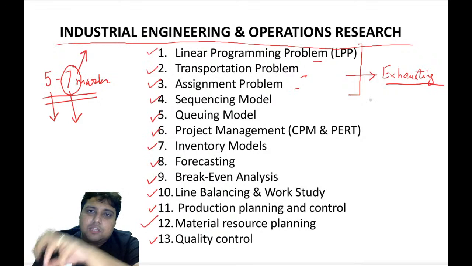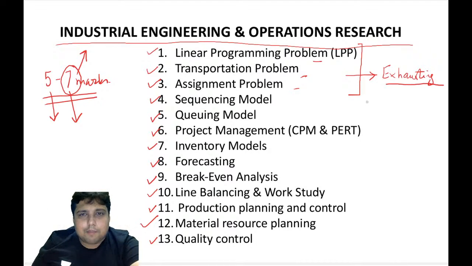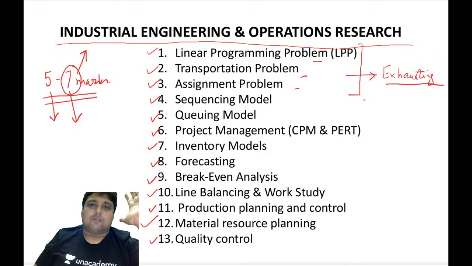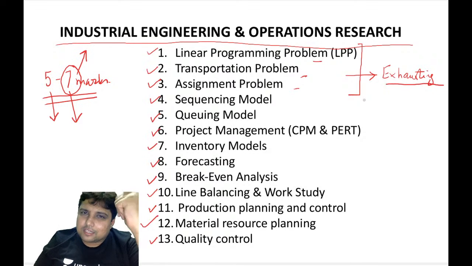When questions come from these departments, the questions are lengthy and it takes time to solve. But I tell you one thing, when I teach these 3 parts, you will thoroughly enjoy. Even though we will take time, we will gradually move towards the completion of the subject syllabus, but I'll make sure you will enjoy each and every part of the subject because I'll make sure you will feel the subject.